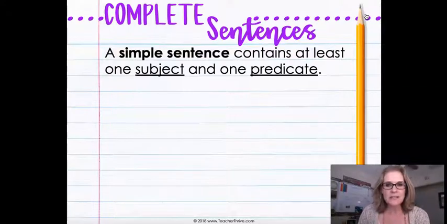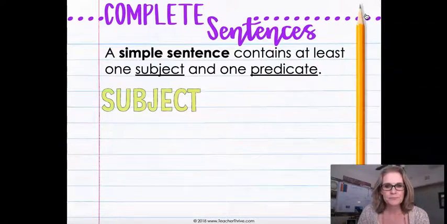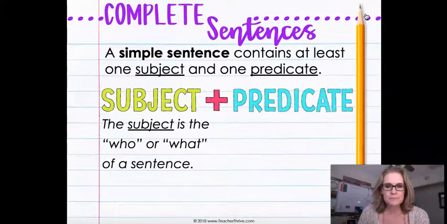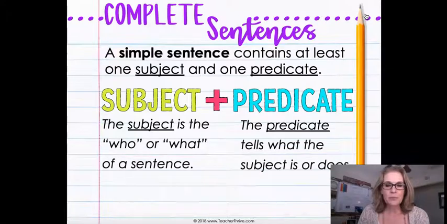A simple sentence contains at least one subject and one predicate. The subject, like I said before, is the who or the what of the sentence. The predicate tells you what the subject is or does.